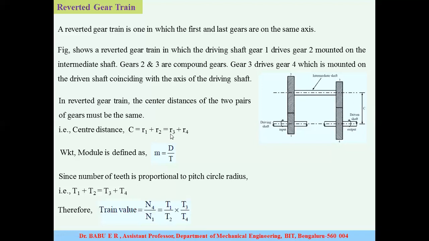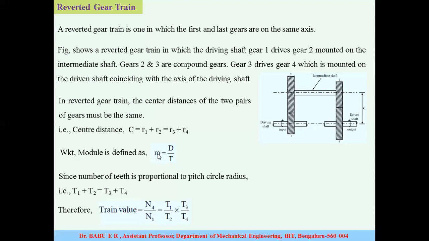We know that module is generally defined as the ratio of the pitch circle diameter of the gear to the number of teeth on that particular gear. When you send T to the other side, T is directly proportional to D, since module is always constant.